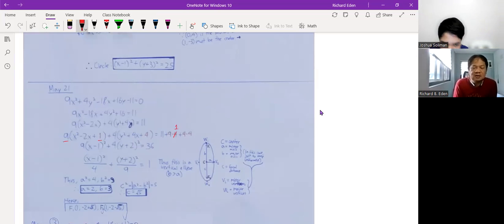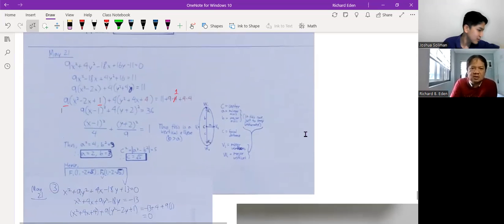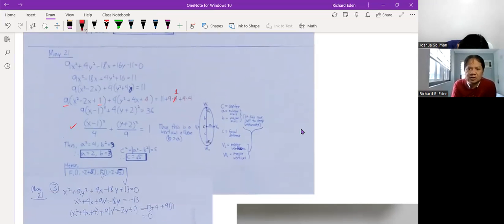Typo, I think it's just a typo. Where I wrote red, okay, typo, but you're right, it's going to be 36. So yes, this is standard. And then it's longer on the y part. So we have an ellipse that's elongated vertically.